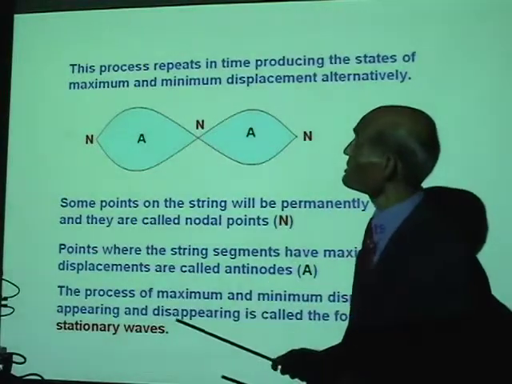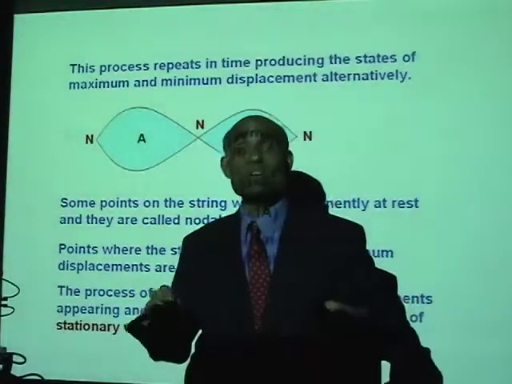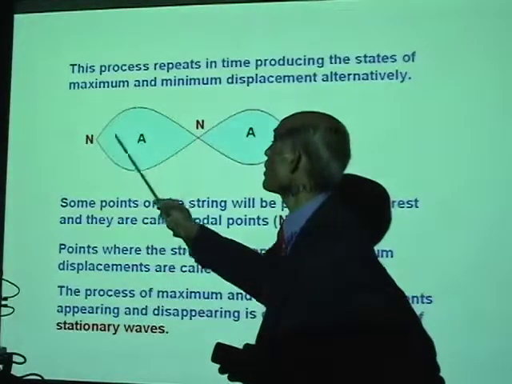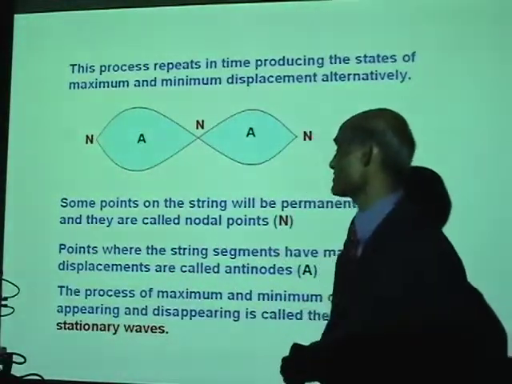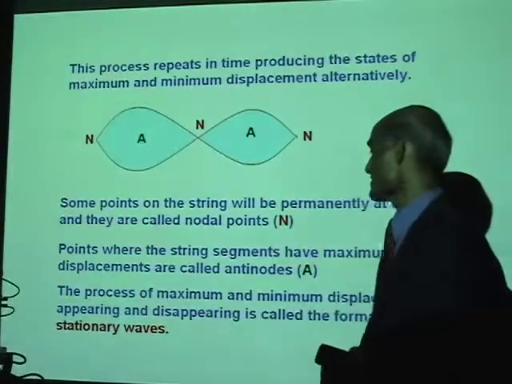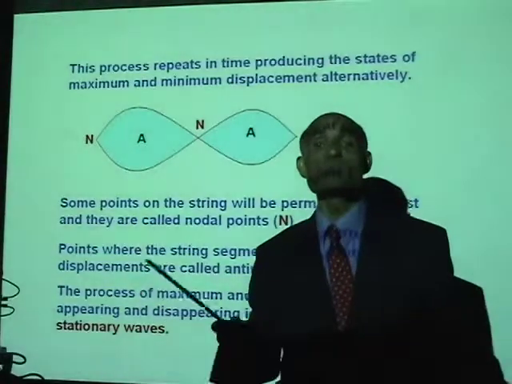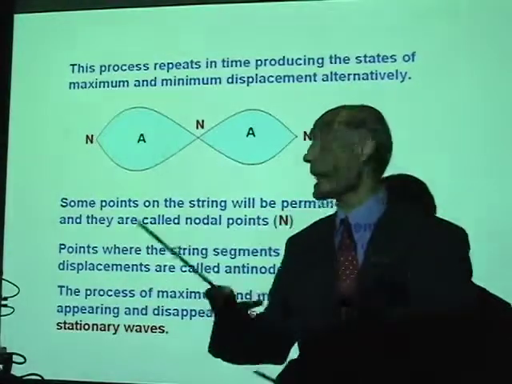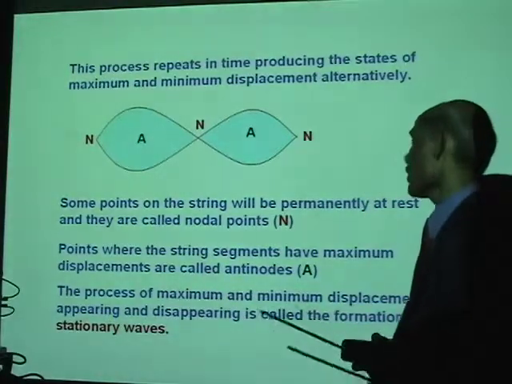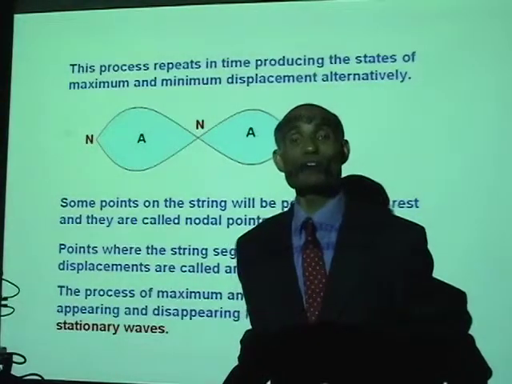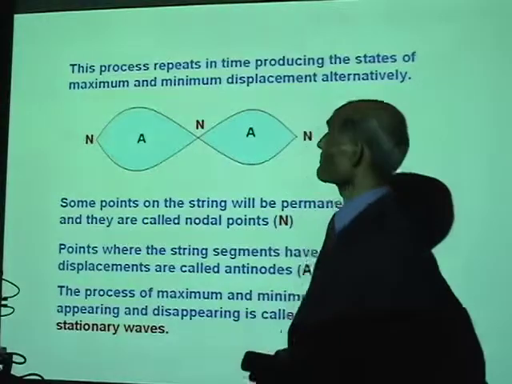So a stationary wave is actually characterized by the formation of nodes and antinodes. This process of maximum and minimum displacements appearing and disappearing is called the formation of stationary waves.